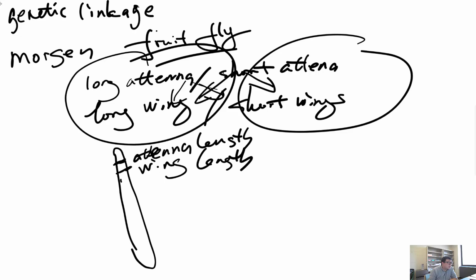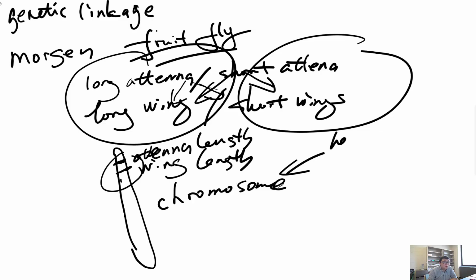The genes that determine antenna length and wing length are very close to each other in one chromosome. So that's the key thing here, it indicates what the heredity unit is.